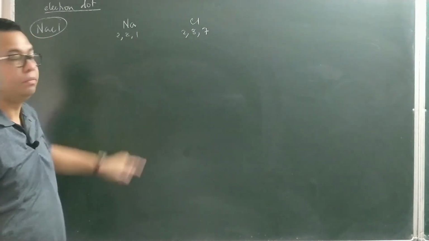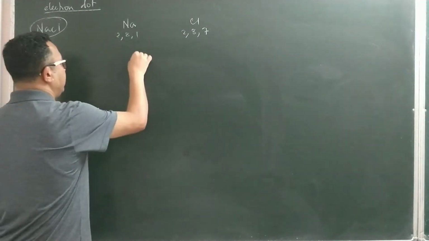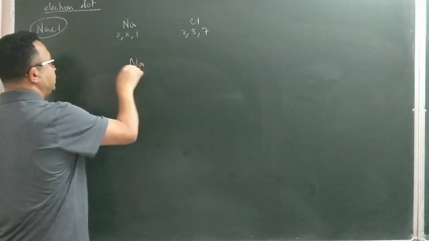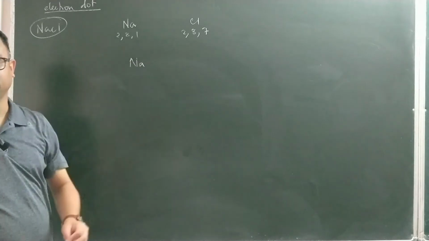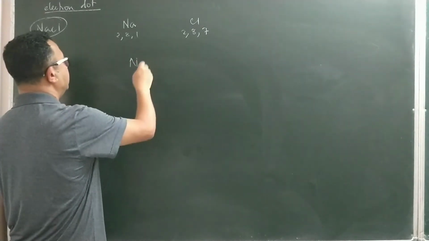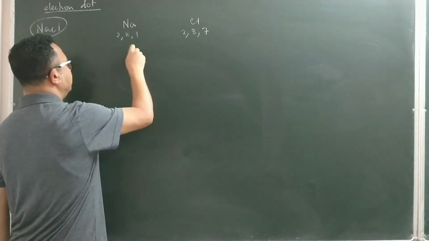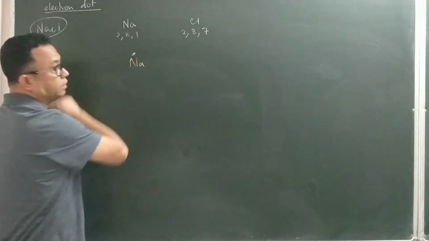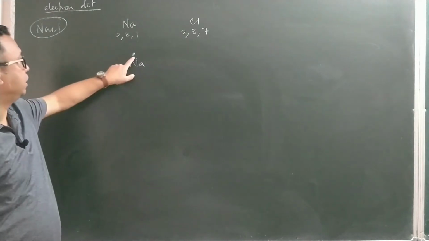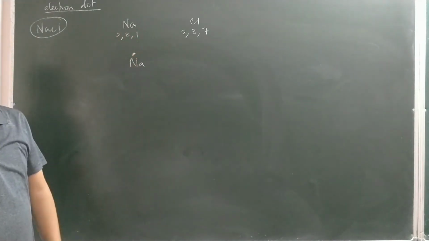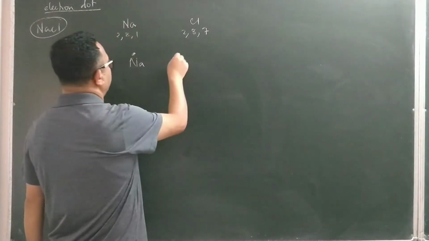Sodium has 1. So if I have to write sodium, I have to represent the electron of sodium in the form of dots. So when there is 1 dot I write it here. I can write it anywhere around it, so let me make it somewhere here. This is the outermost electron of sodium. This is the valence electron of sodium, only 1 electron. Then chlorine.